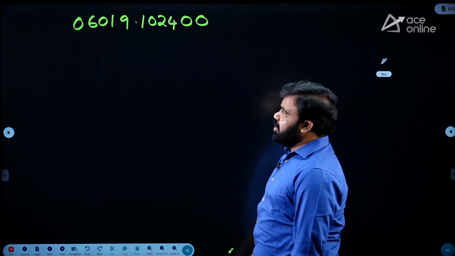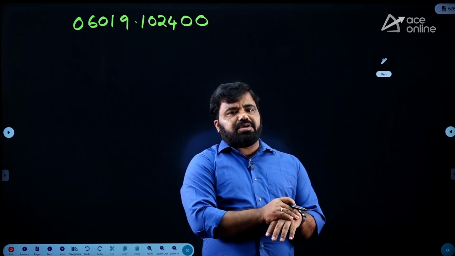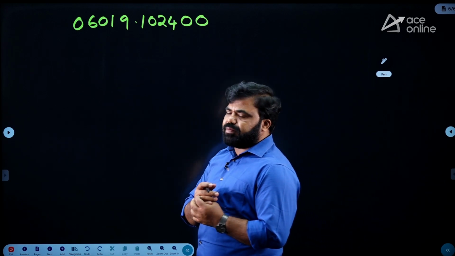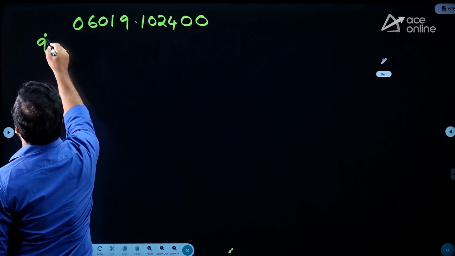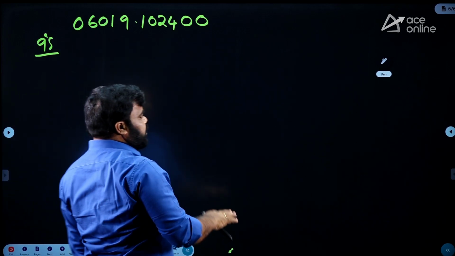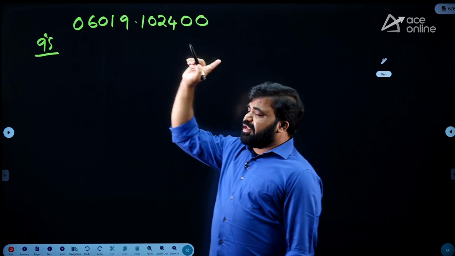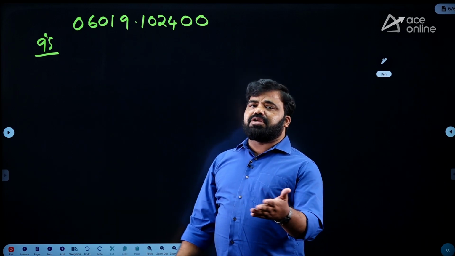If I say 9's complement for a decimal number, which is the r minus 1's complement, then as we mentioned, it can be calculated by subtracting all the digits from r minus 1 itself. Once again, for a decimal number r equals 10, and the 9's complement is the r minus 1's complement.